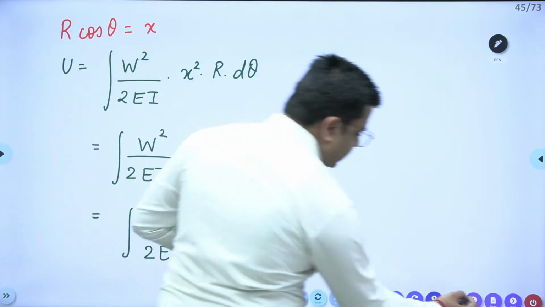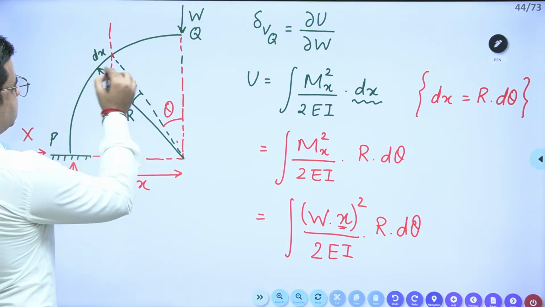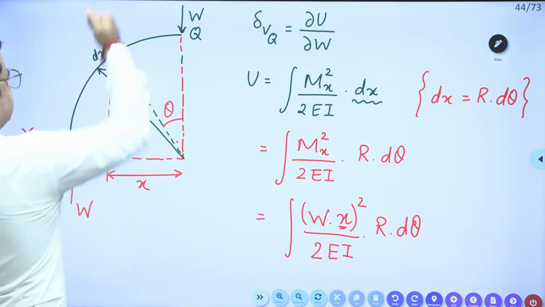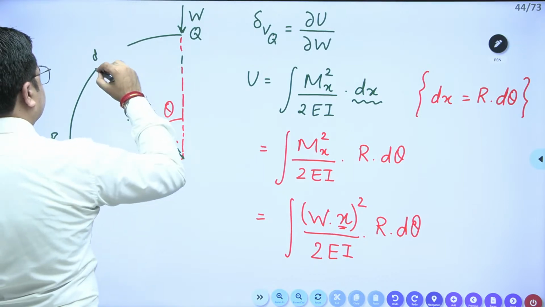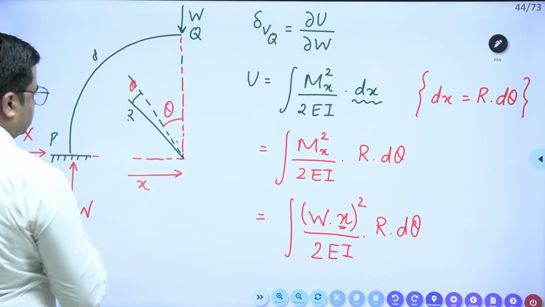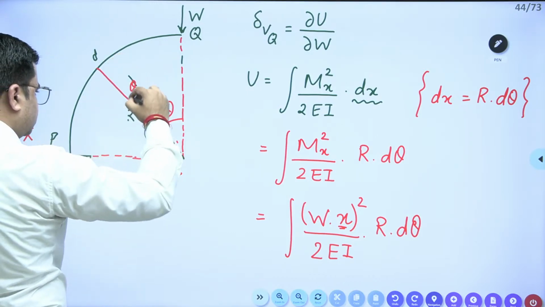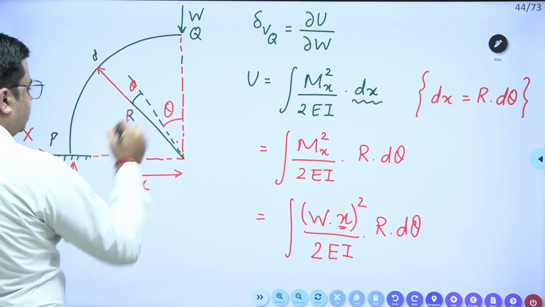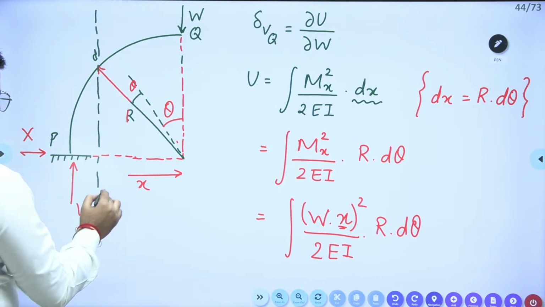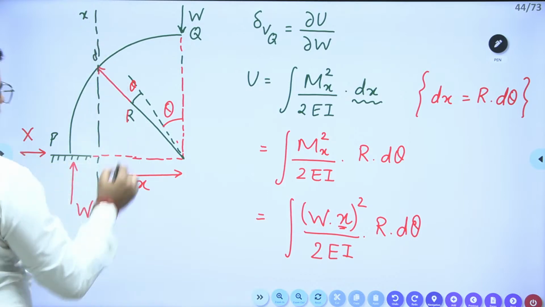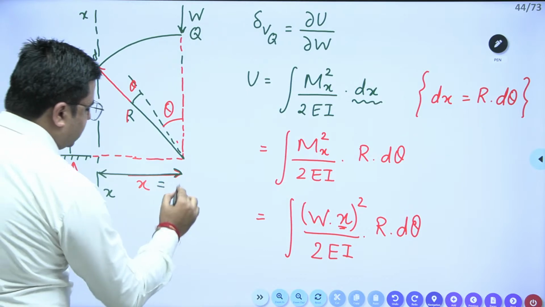I've made a mistake here. This is not cos theta. This is r into sin theta. This is my r and this is my section x. So this distance x is r sin theta.